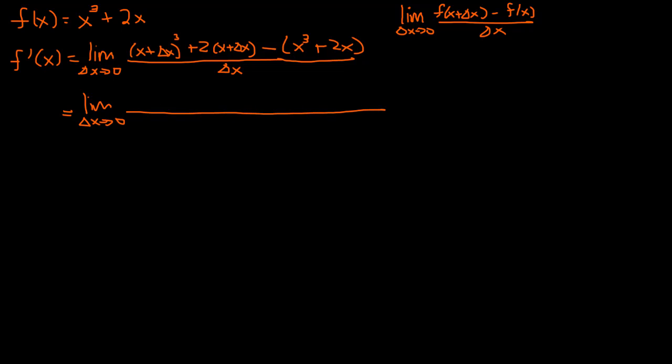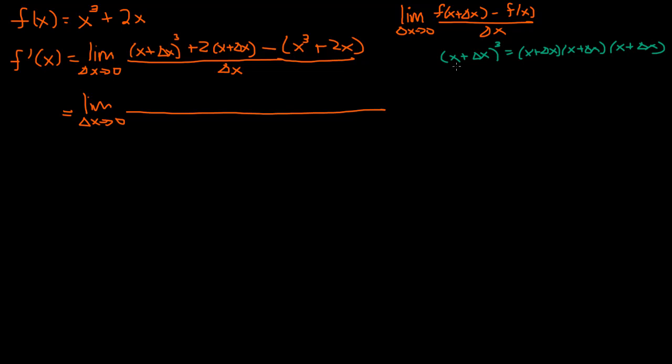Now let's do some scratch work off to the side. What's x plus delta x cubed? Okay, let's see. X plus delta x cubed is x plus delta x times x plus delta x times x plus delta x.